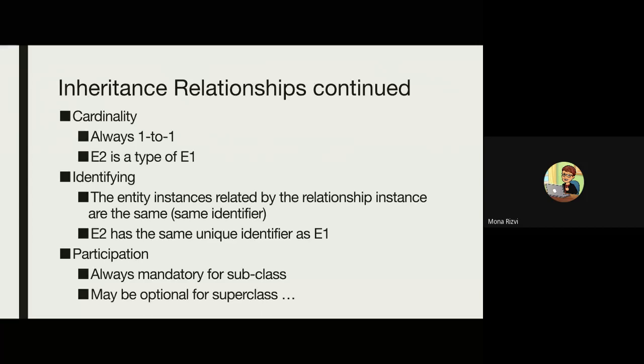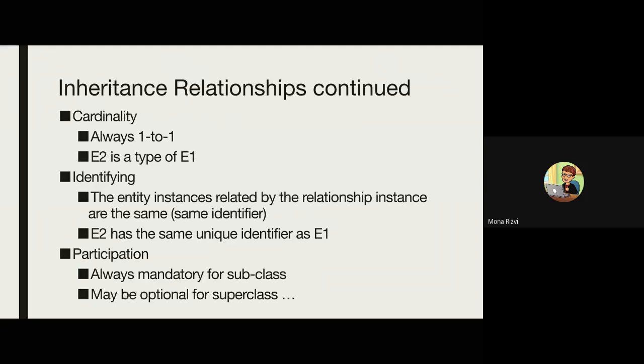So in an inheritance relationship, the cardinality, as you expect, is 1-to-1, because you're saying that E2 is a type of E1, so they're somehow the same thing. Also, it's an identifying relationship because they're sharing the same unique identifier. Because one is just a subclass of the other, they have the same identifier.